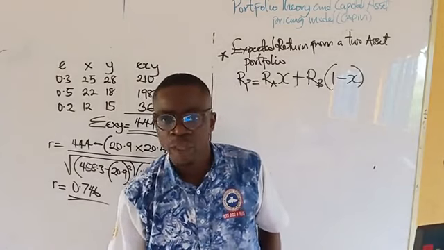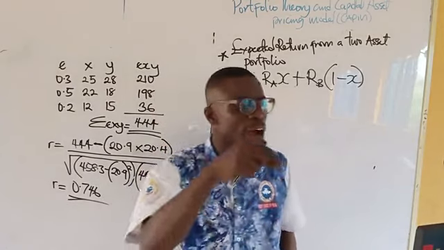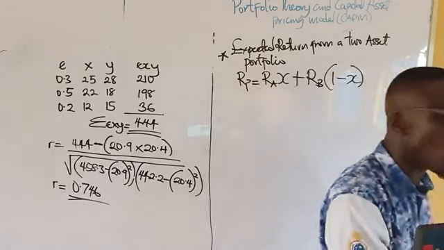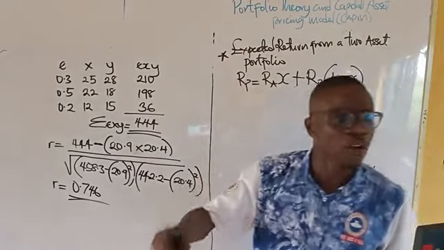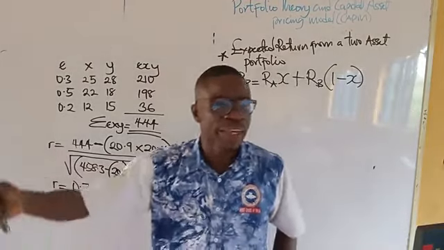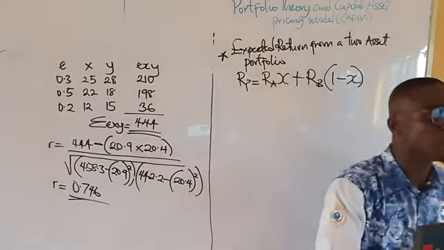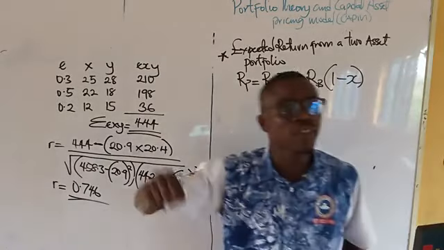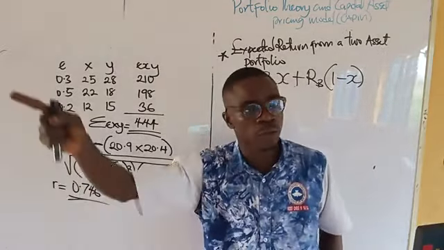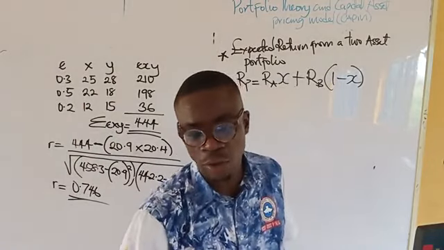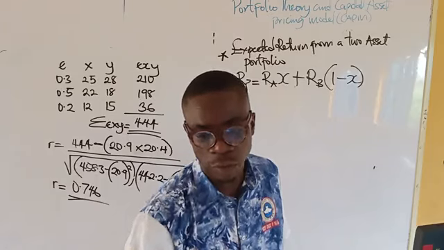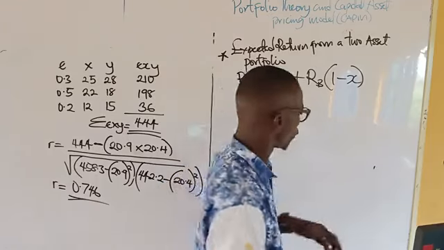We say the value of the investment at the end minus the value of the investment at the beginning, divided by the value of the investment at the beginning, plus dividends, times what? For those that are not in the class when we treated this, please note this now.